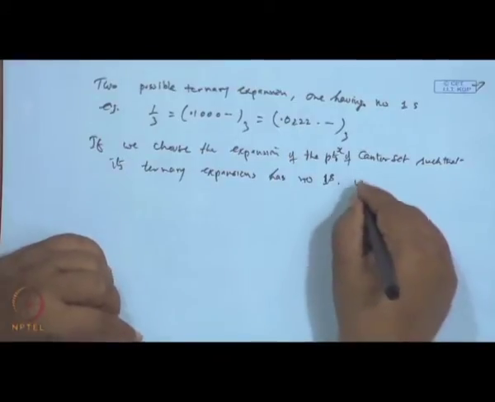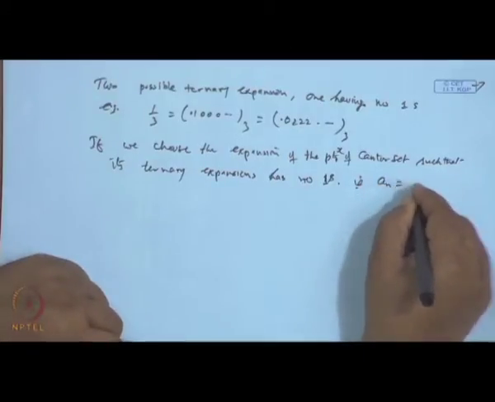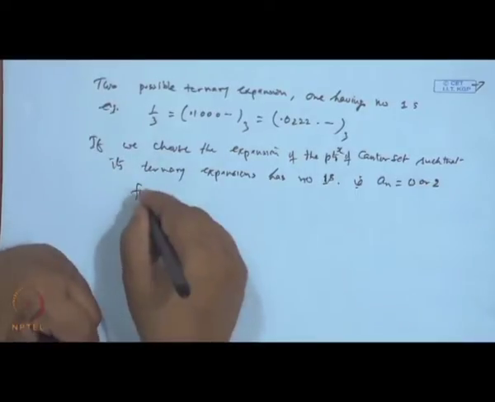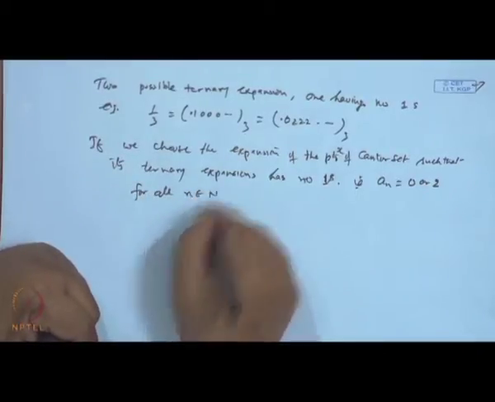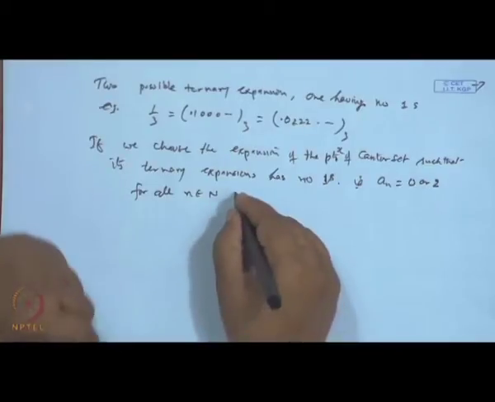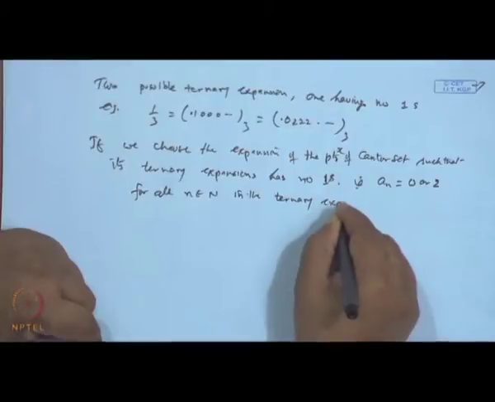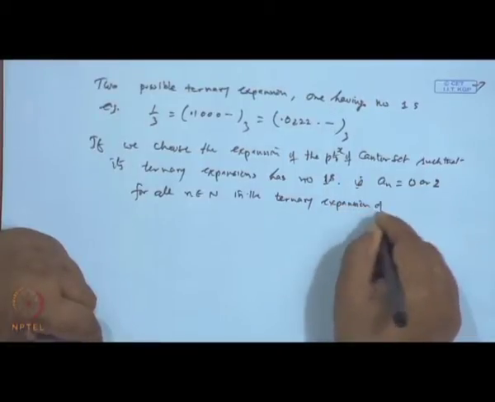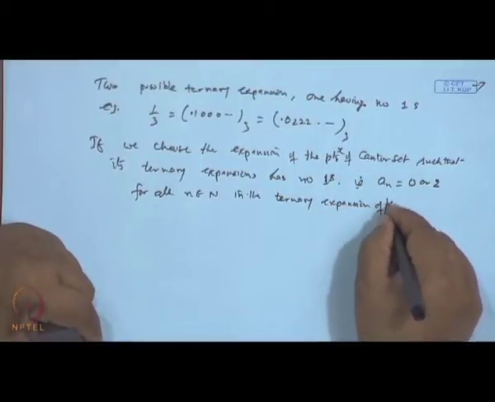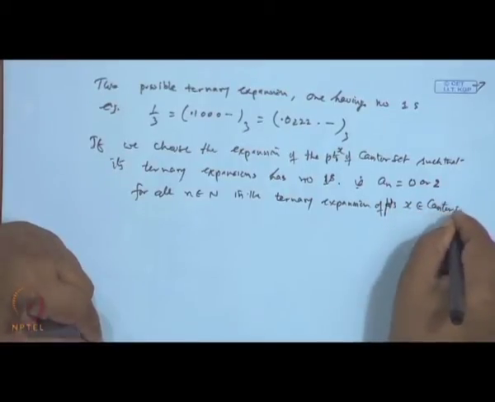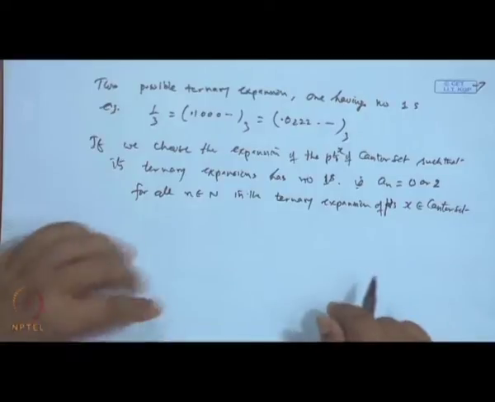That is, the ternary expansion will involve a_n, which may be either 0 or 2 for all n in the ternary expansion of each point x belonging to the Cantor set. This we are assuming.